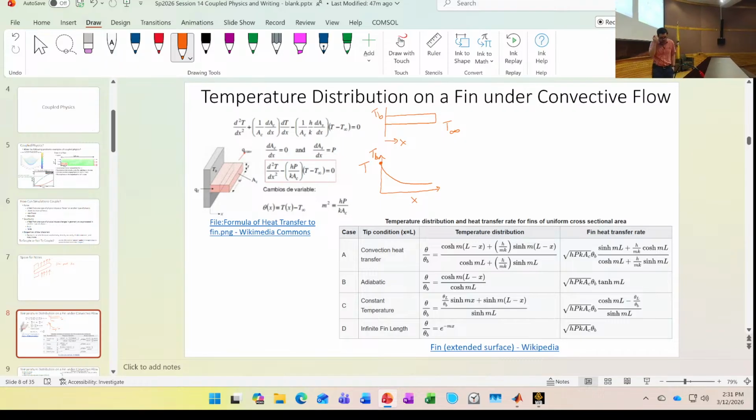So if you have a fluid, how fast is the fluid going? Also, what's gravity like? That could affect things too. You have buoyancy.